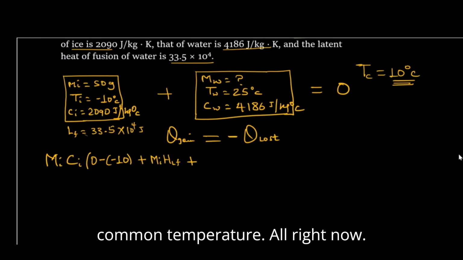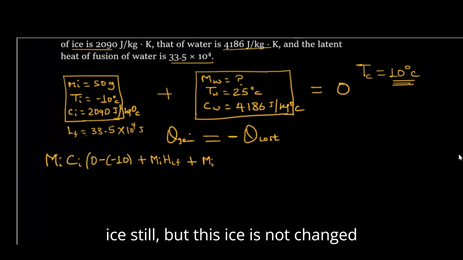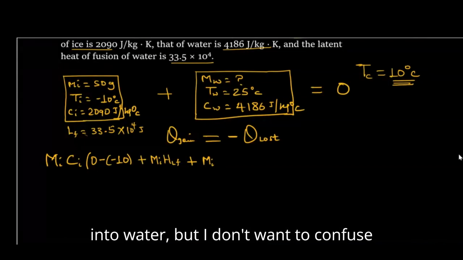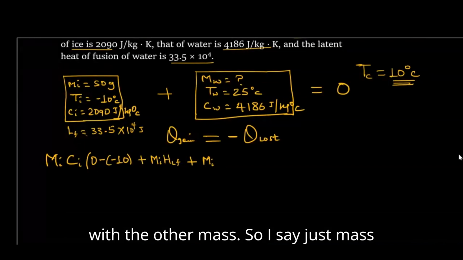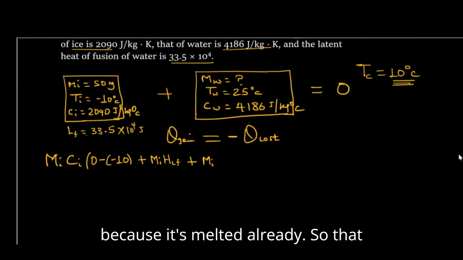All right, so the third process is this one, the mass of the ice still, but this ice is now changed into water. I don't want to confuse it with the other mass, so I say just mass of the ice, but technically this is water because it has melted already.